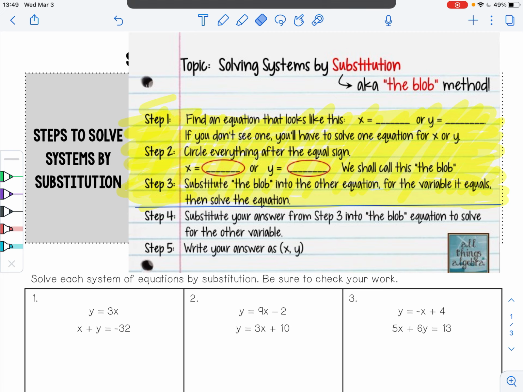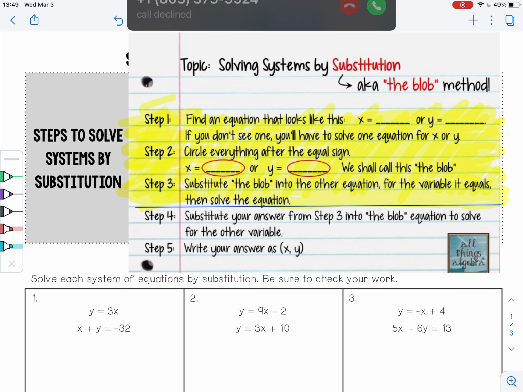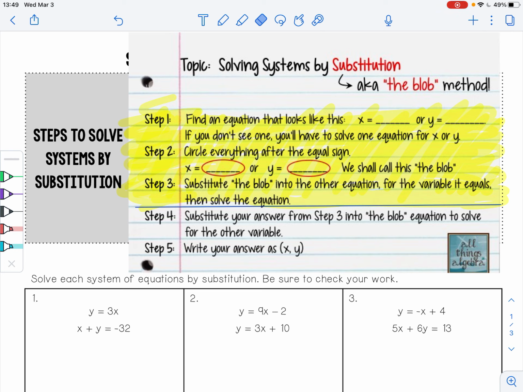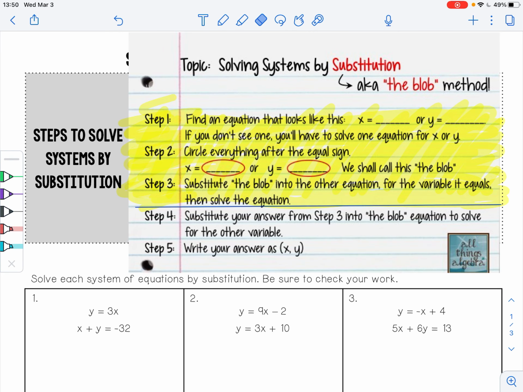So for us right now, the second step is, once we have identified the equation that says x equals or y equals, we're going to circle the stuff after that.